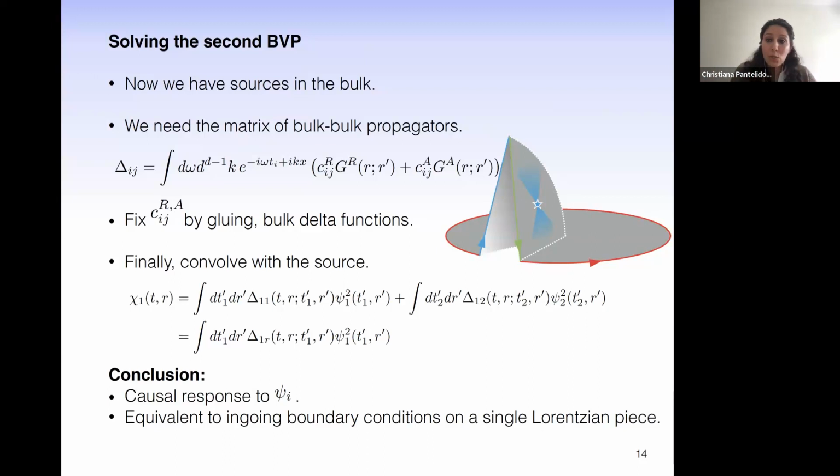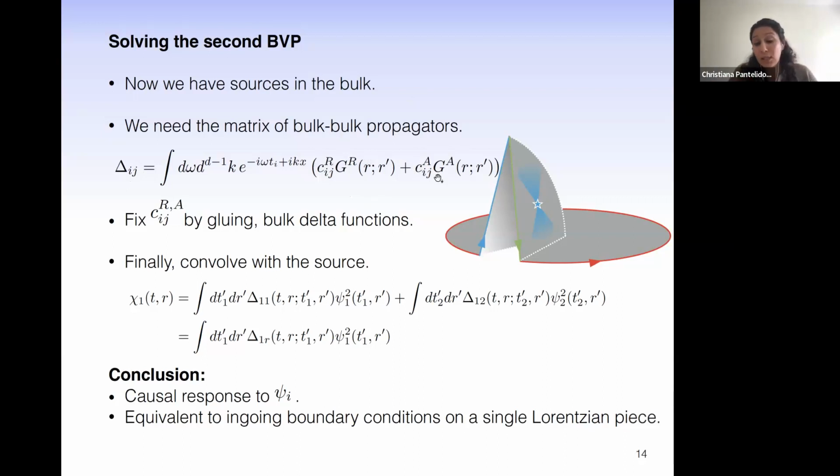So let's start with a single delta function source in the bulk of this segment here. And now we want to compute the bulk-to-bulk propagators. These bulk-to-bulk propagators essentially have the same form as before, and they depend on these coefficients Cijr and Cija, just like before. And our task is to compute those constants.